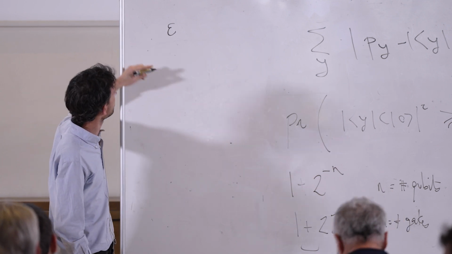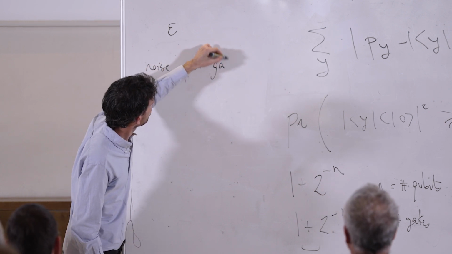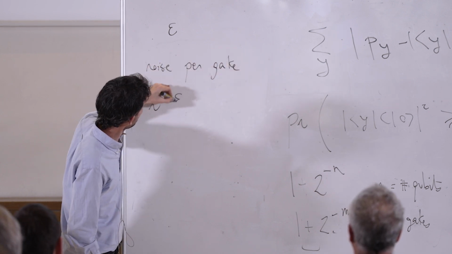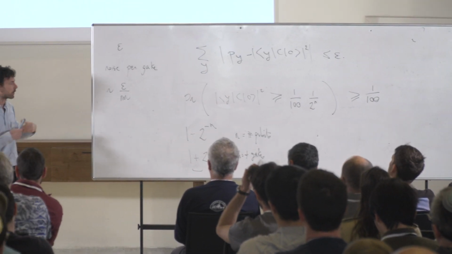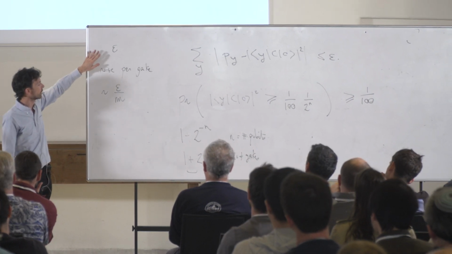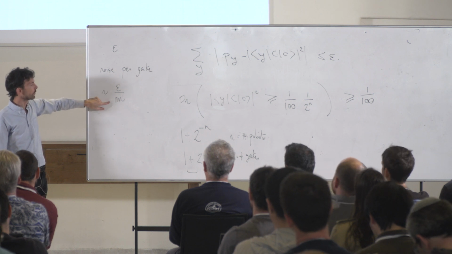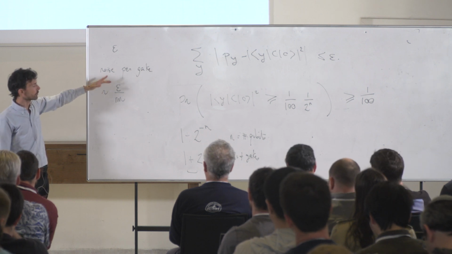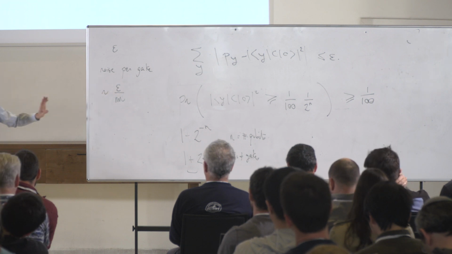In order to achieve that, the noise per gate should be something like epsilon over m, the number of gates, okay? Because every time you apply a gate, there's going to be some noise, and this noise adds up. So if you want a total noise epsilon, and you're doing m gates, the noise per gate should be epsilon over m. So if the number of gates is 400, then this is 0.1 divided by 400. Any experiment has more noise than that.